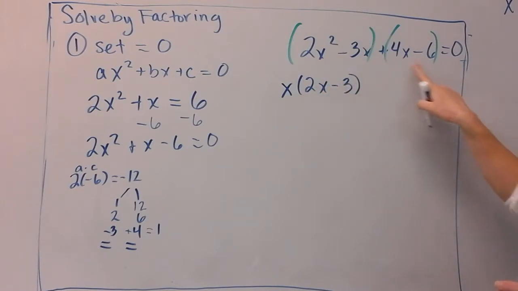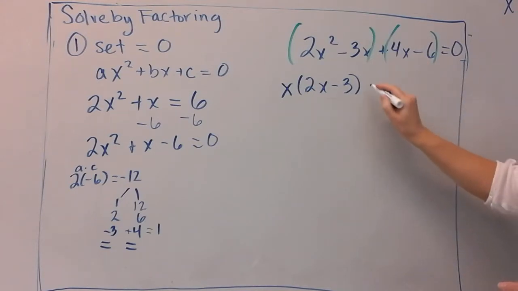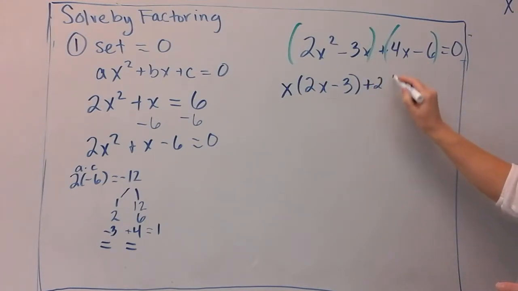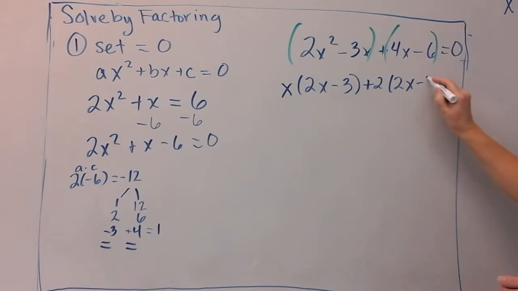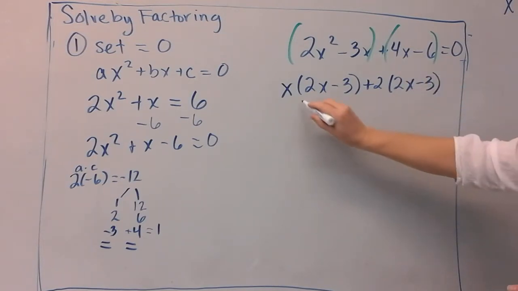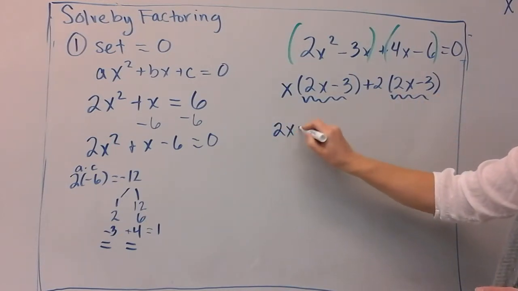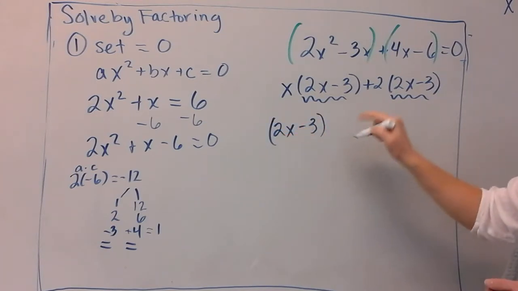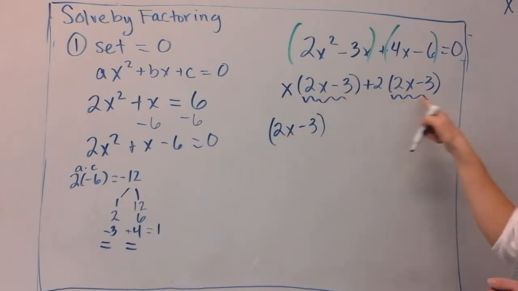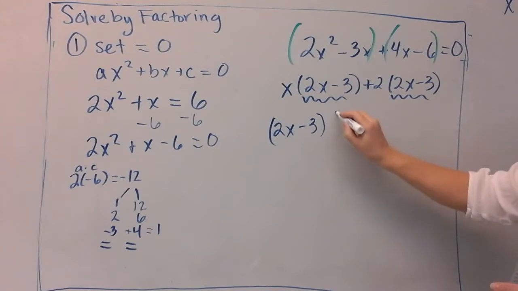And then over here, I have a 4 and a 6. Greatest common factor is 2. I'm going to take a positive 2 out. You get 2x minus 3. What I'm looking for is a common factor between both terms, which I got. So I'm going to factor out 2x minus 3. If I factor this out of both of these terms, I'm left with x plus 2.